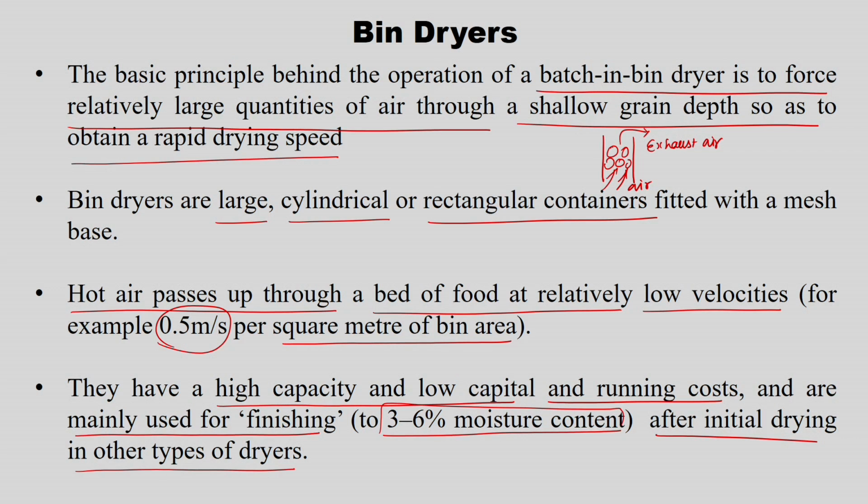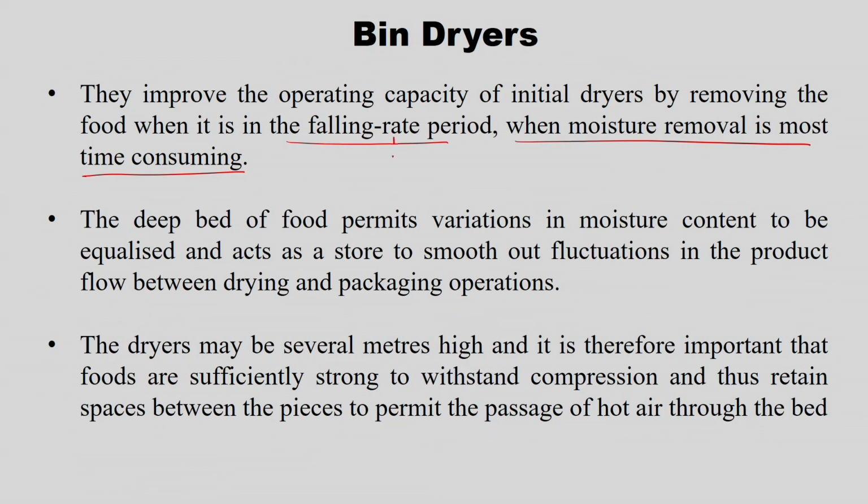The initial drying is done by other drying equipment; as I told earlier, the falling rate period is the moisture removal from the interior of the food material, so it is a time consuming process. Instead of doing it in the initial dryer, the 3 to 6% moisture removal can be done in the bin dryer while storing it, that means removing moisture from inside the food material. Surface moisture can be removed in the initial dryer.